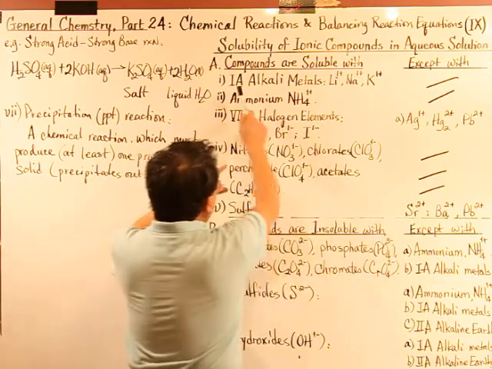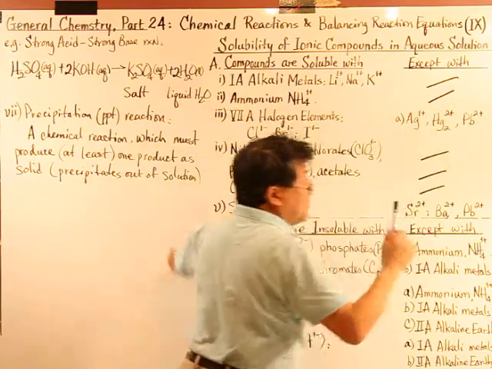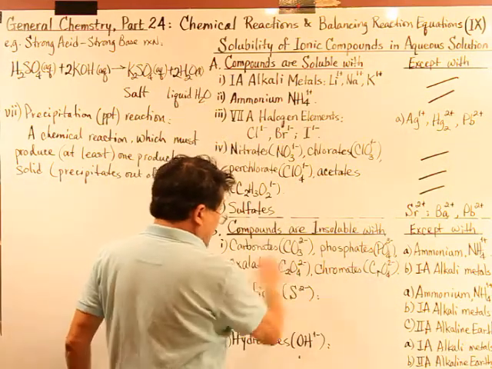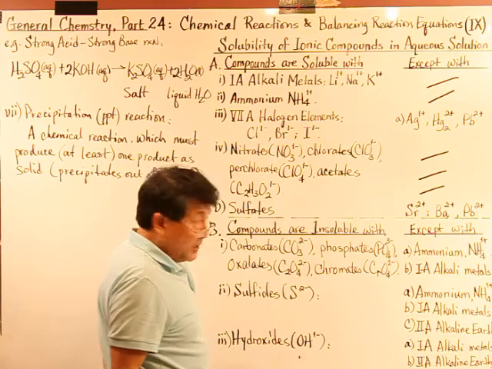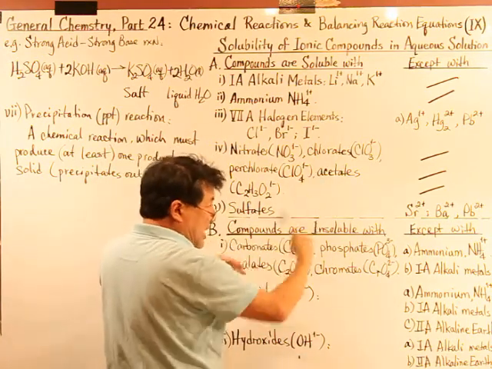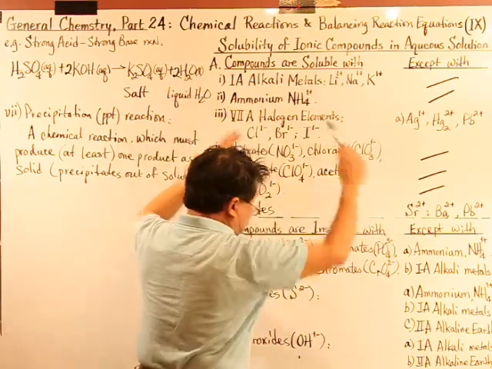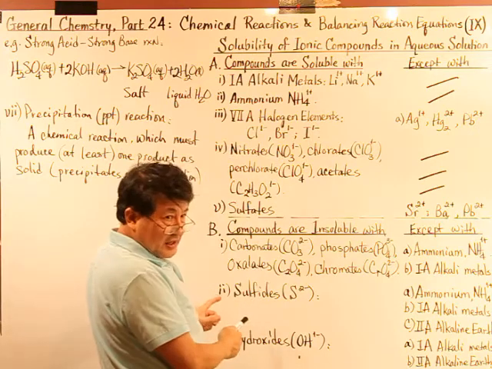Why? Alkali metals and ammonium with anything, no exception, will be all soluble, even including all these 5. You see my point? They are all related backwards. If they are all soluble, there has to be an exception for insoluble.